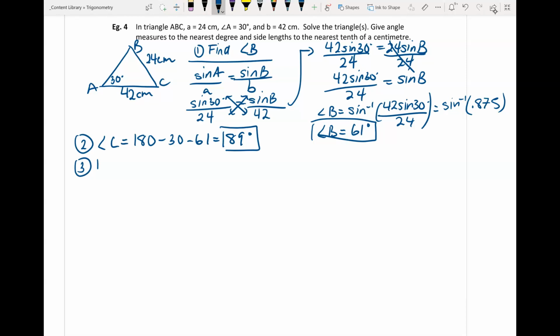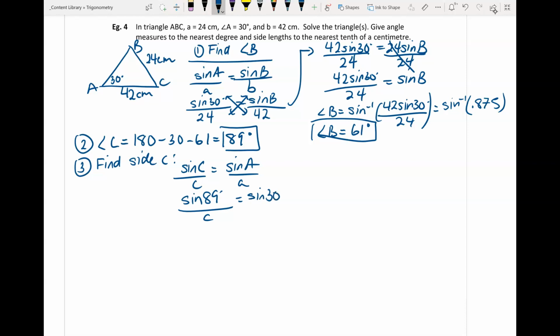Now my next step is to find side C. So that's sine C over C, and I'm going to use the information about A because that was the information given to us in the original question. I'm going to fill in the information we know. We just found angle C, which is 89 degrees. Side C is what we're looking for.